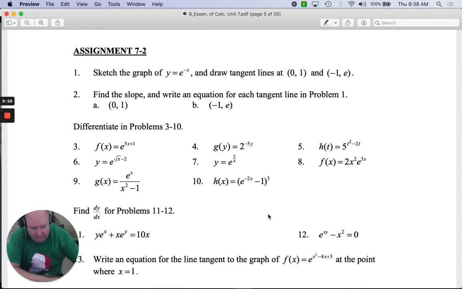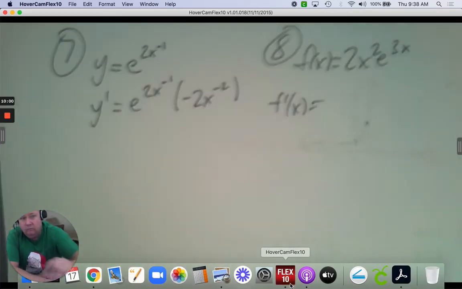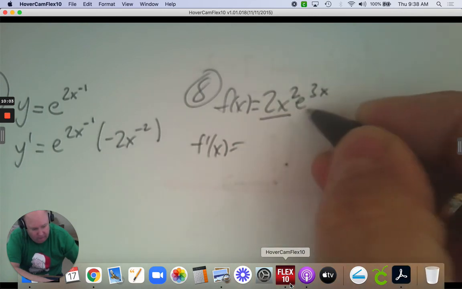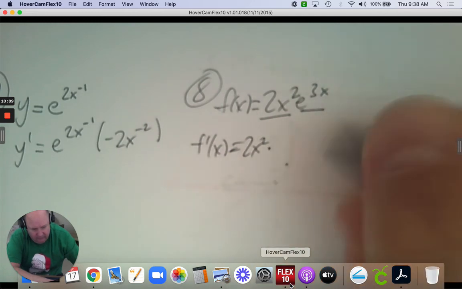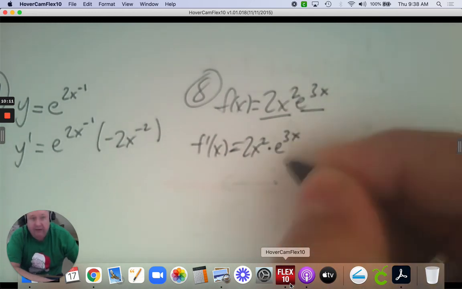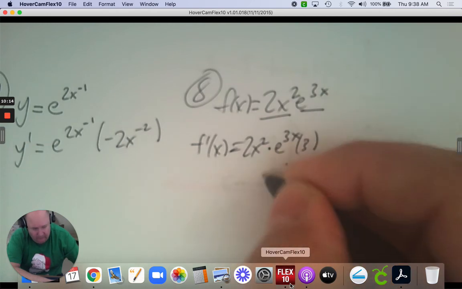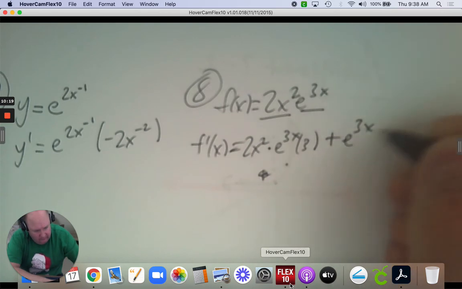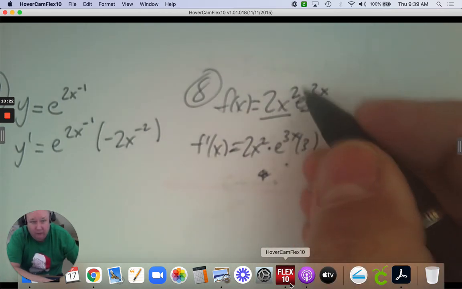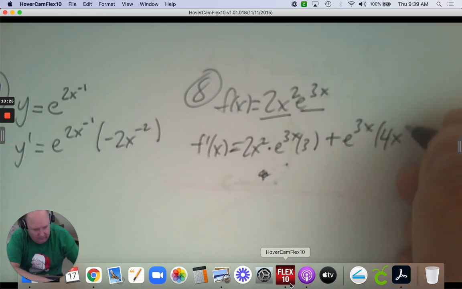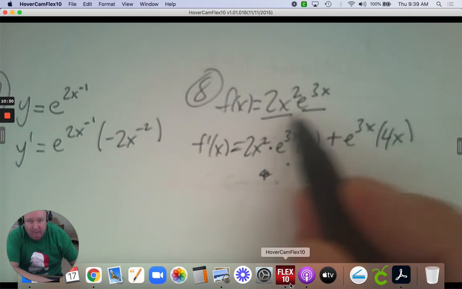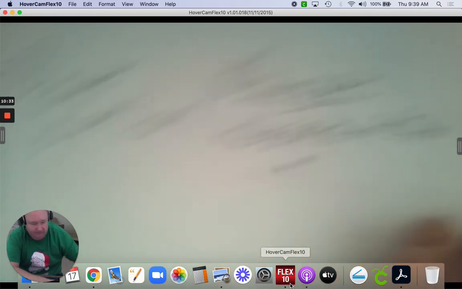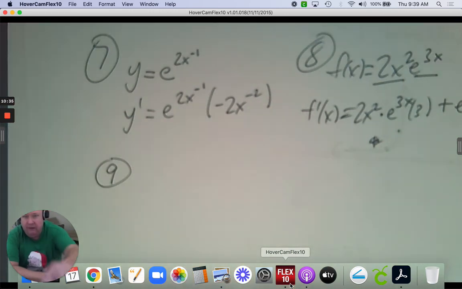So the product rule is: the first, 2x squared, times the derivative of the second, e to the 3x with a hook on of 3, plus the second times the derivative of the first. 2 times 2, subtract 1 to the exponent, and that's it. So recognize when there's a product rule and then apply that new rule to what you already know. And again, the exponential rules, I think, are pretty intuitive and basic.